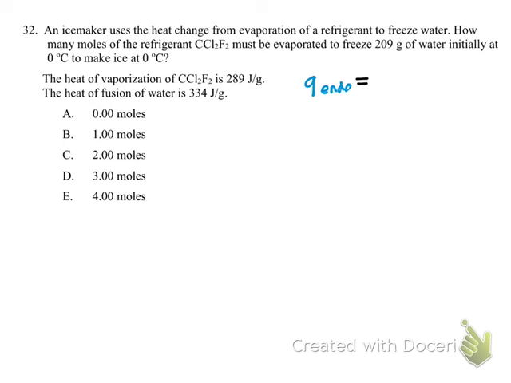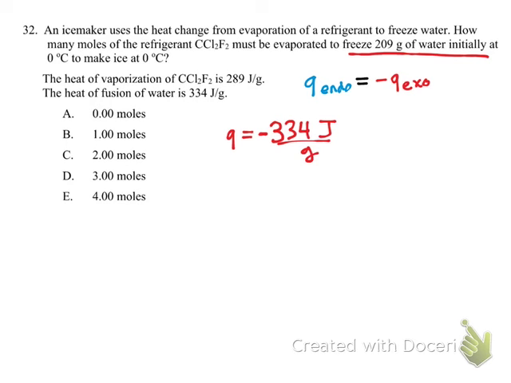So let's find out how much energy must be lost to freeze 209 grams of water. It tells us that the heat of fusion, the energy that must be absorbed to melt ice, is 334 joules per gram of water. Now, since we're going the opposite process, it's going to be negative here.